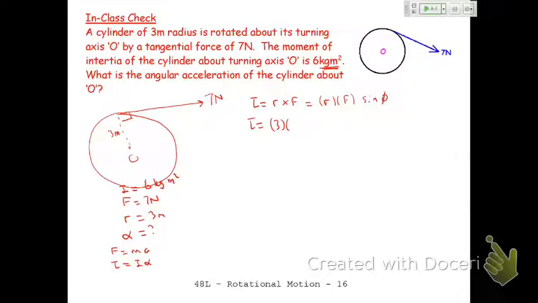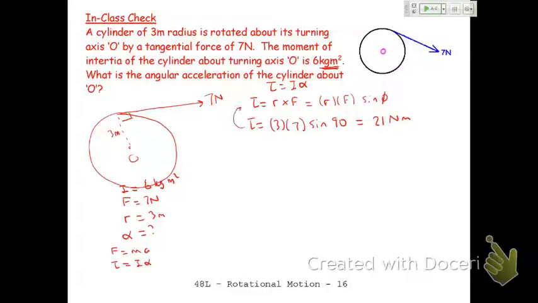So then torque is equal to I alpha. My torque is equal to 3 times 7 times the sine of 90, which equals 21 newton meters.